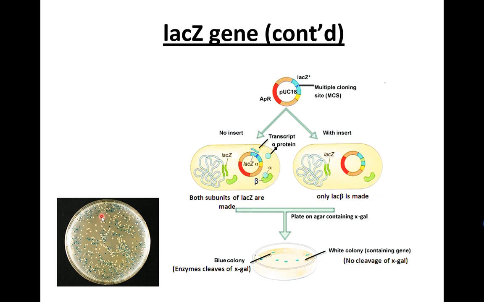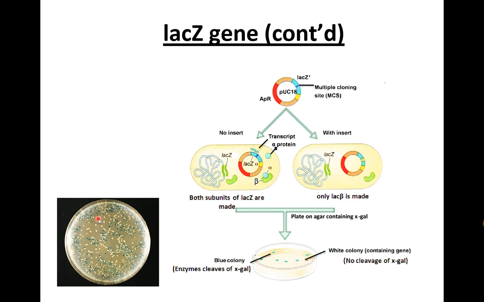So if you want to select bacteria that have not only the plasmid but also the insert that you have added, you take one of these colonies, transfer it to a new, in this case liquid, media, and grow it. You're pretty much guaranteed that from that colony you'll be extracting plasmid that has exactly what you want.